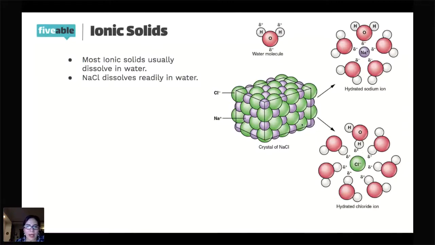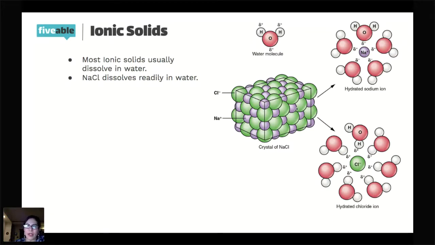The chlorine ions will break free of this solid, and they will be surrounded by the hydrogen ions that are positive. So this is how water ionizes or breaks apart the ions of the solid sodium chloride. Does this make sense? Okay, excellent. Let's move on.